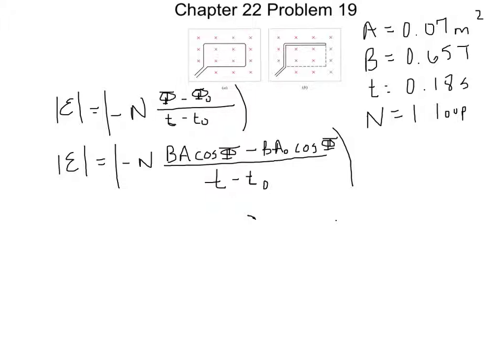Now it's pretty much time to plug in. You know the number of loops is equal to 1, so it'll be negative 1 times B, the magnetic field, 0.65 Tesla, times the A in this part, which would be the final area, and the final area is 0 meters squared.